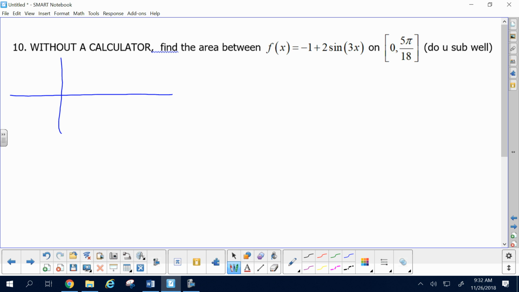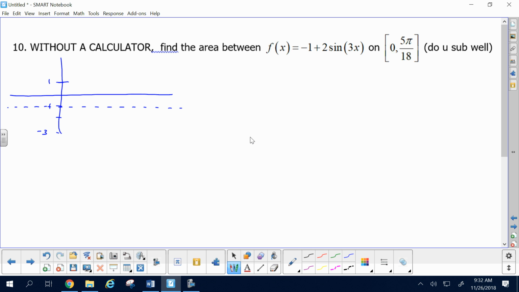What's the center line? Negative 1. And if the amplitude is 2, then it's going to go up to positive 1 and down to negative 3, yeah?